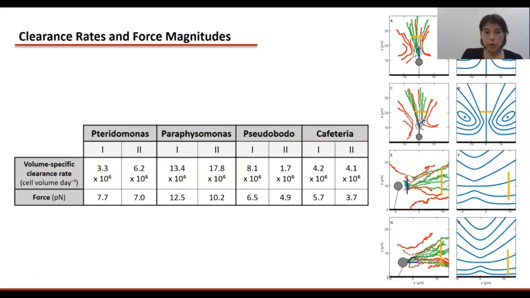Obviously, the point force model is not taking into account the presence of the cell nor of the flagellum. So therefore, we expect that the force required to generate these feeding currents would actually be a bit larger.